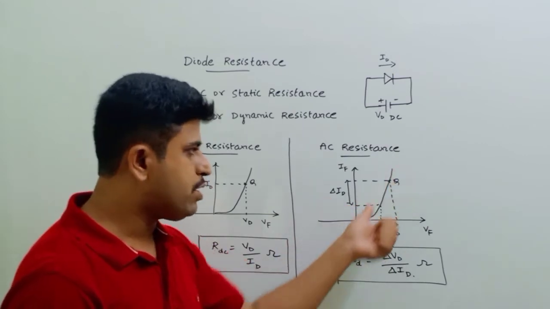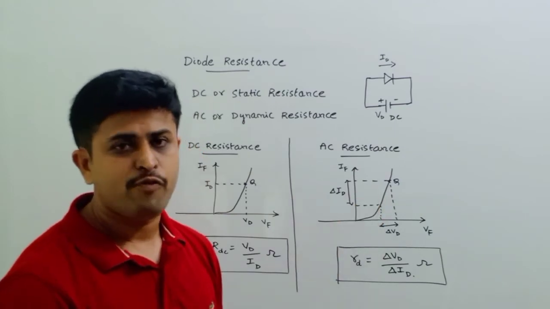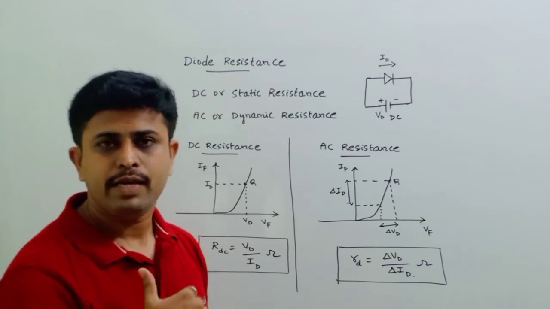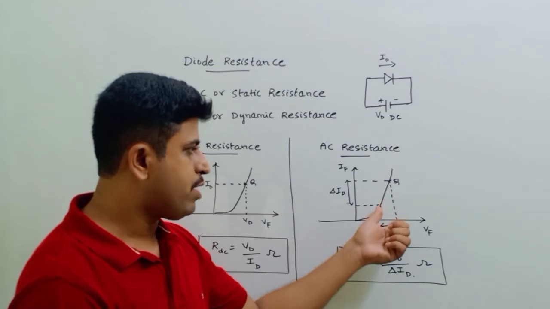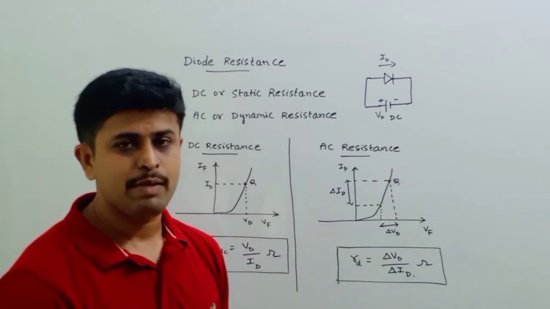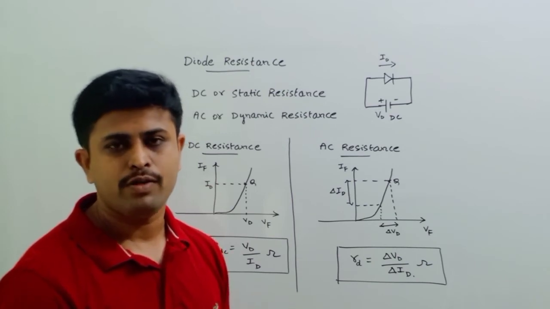And what happens to the Q point, which is here on this forward characteristics of the diode? Here the Q point will keep on moving or changing its position from this end to this end, and hence the resistance does not remain static. The resistance keeps on changing.